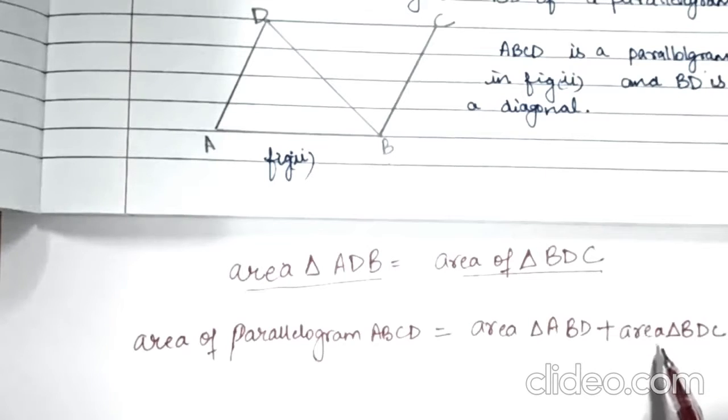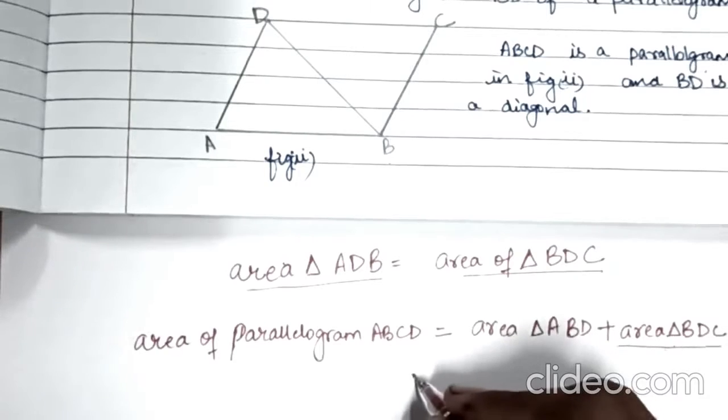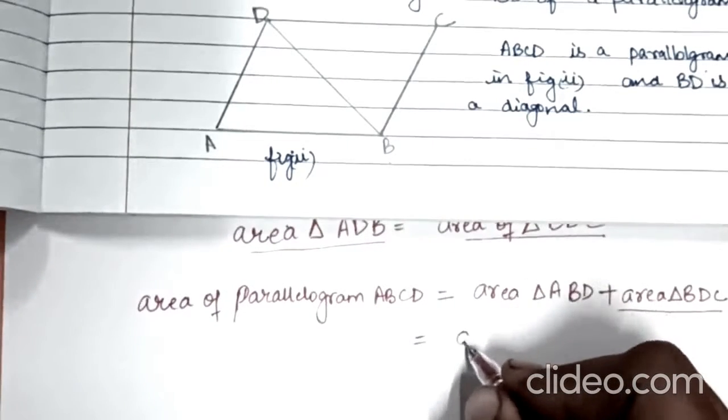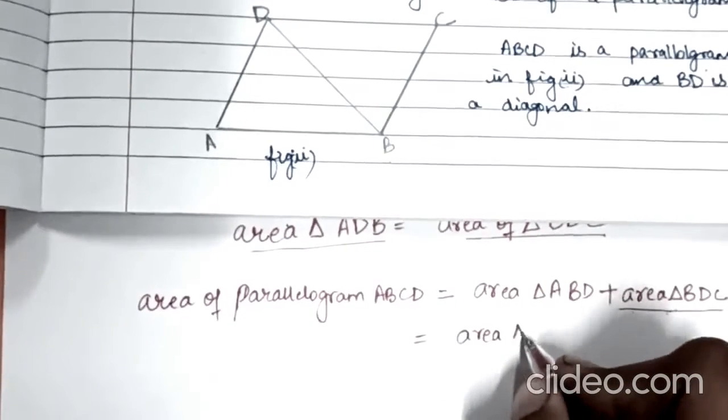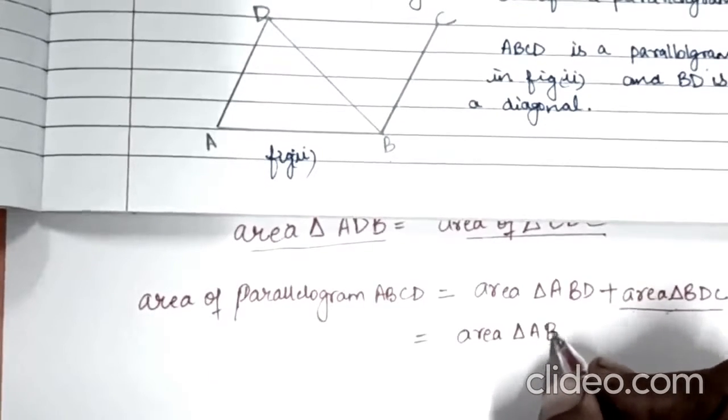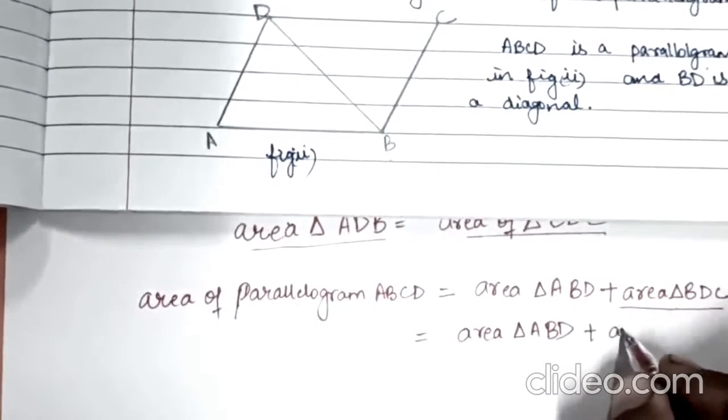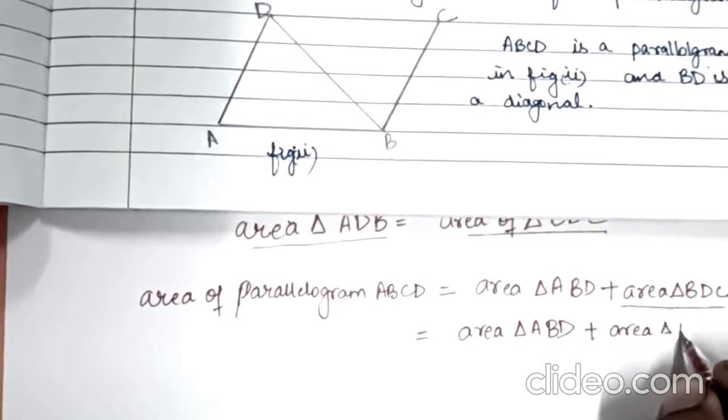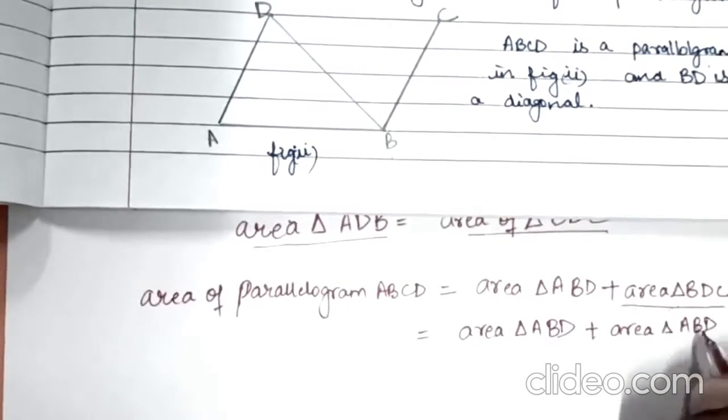So, can I write area of triangle ADB in place of area of triangle BDC? Yes. So, I will write area of triangle ABD plus area of triangle ABD.